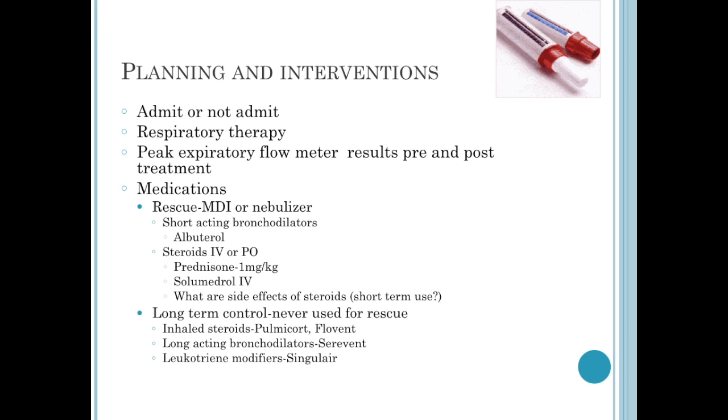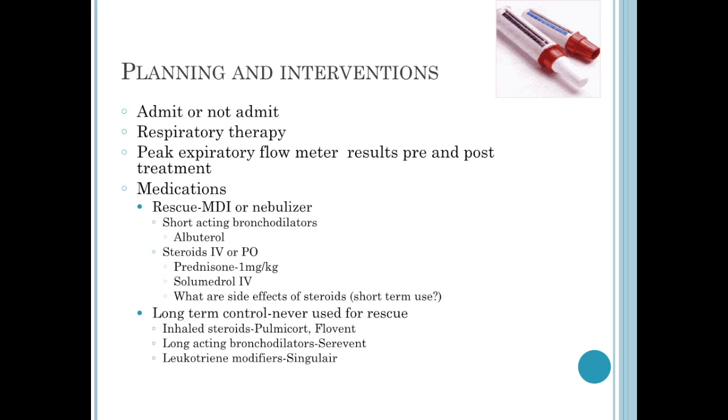For long-term control, we're going to use inhaled steroids, so Pulmicort or Flovent is an example. We can use long-acting bronchodilators in the form of Serevent, and the leukotriene modifiers are now indicated for young children down to the age of 2.